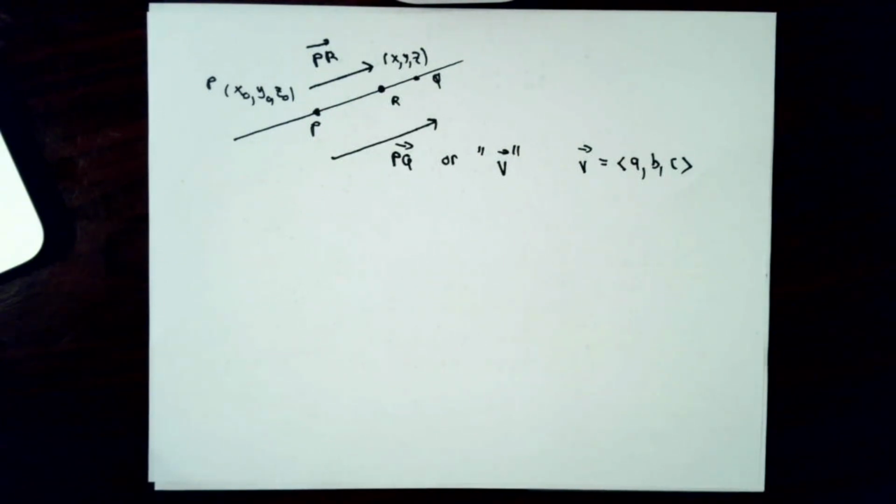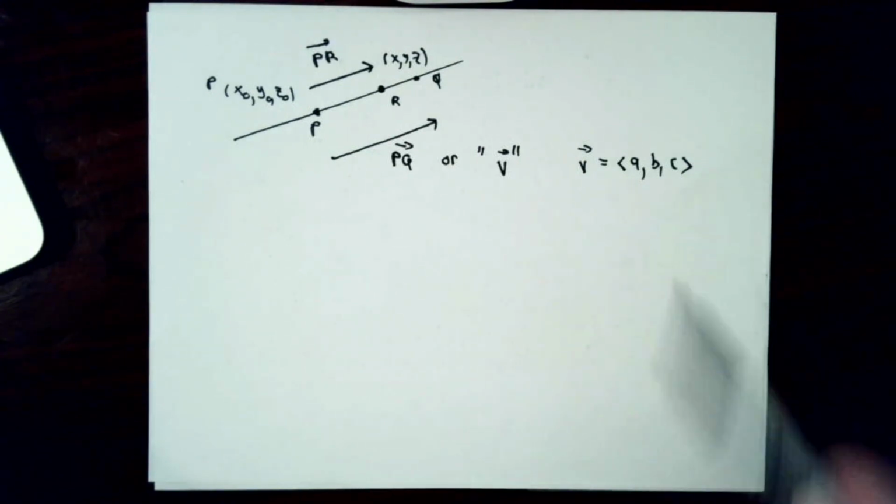This vector must point in the same straight line direction as the vector from P to Q, or V as I might call it. I'll make up letters to represent the components of a vector that is parallel to my straight line. For convenience, I'll just call them A, B, and C.